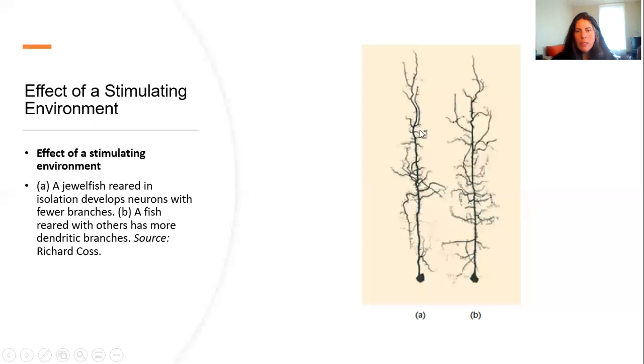So as you can see, these are the dendritic spines in a jellyfish that was reared in isolation. Develops neurons with very few branches, whereas this is a dendritic tree of a jellyfish raised in an enriching environment.